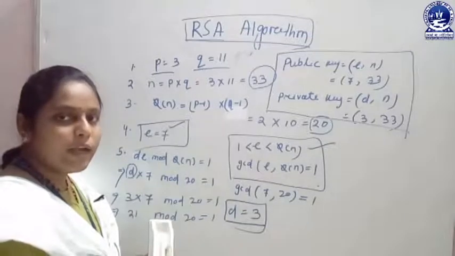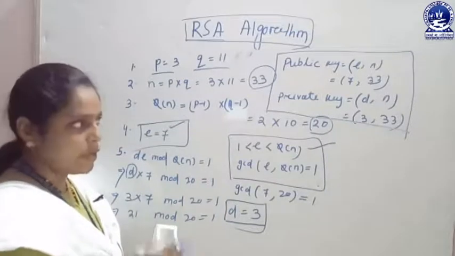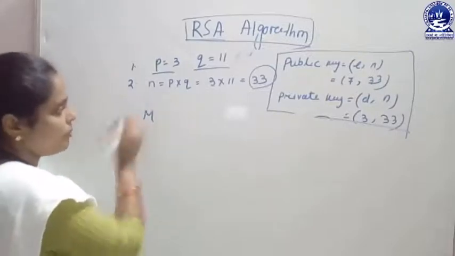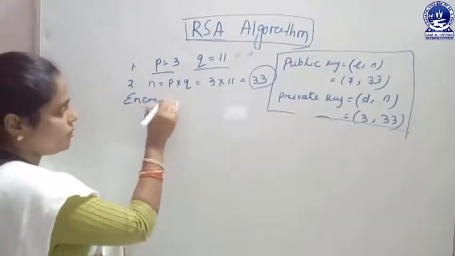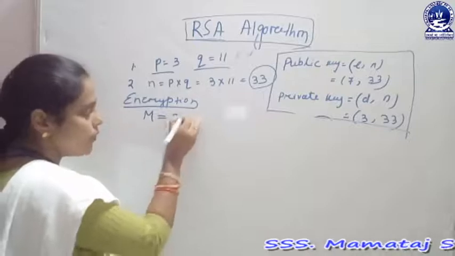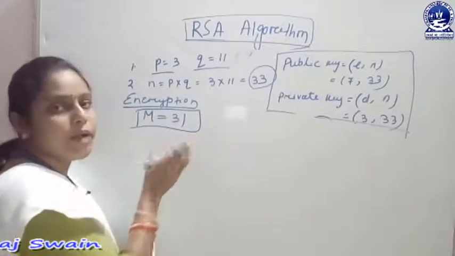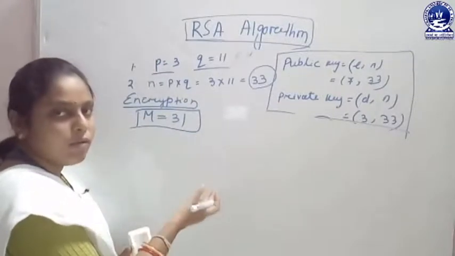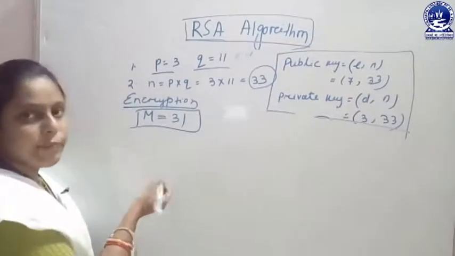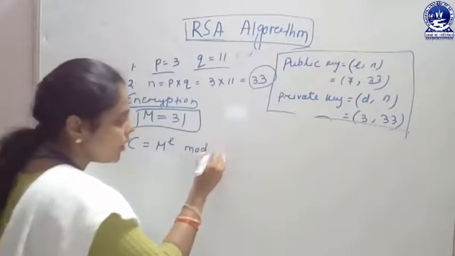Then next we take one plain text and encrypt by using this key pair and decrypt by using this key pair. Now suppose our plain text M, this is for encryption, is equal to 31. Now I am going to apply the encryption algorithm and generate the ciphertext, that is C equal to M to the power e mod n.